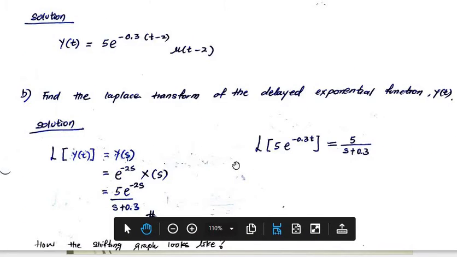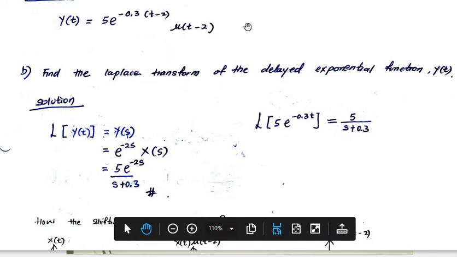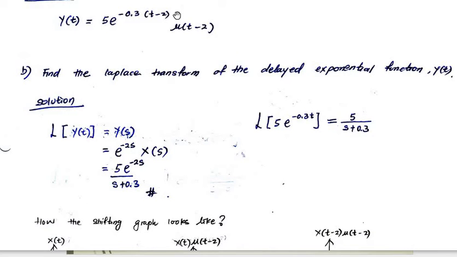So you need to find the Laplace transform of the delay. Based on this answer, you need to find the Laplace transform of y(t). You get Y(s). For the shifting part, you get e^(-2s) for the 2 here, where s0 here is 2.